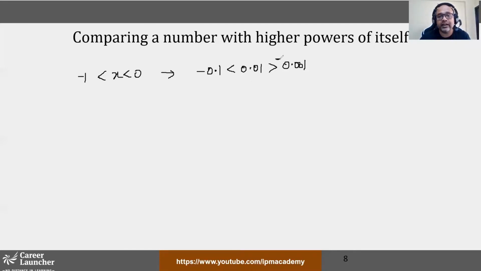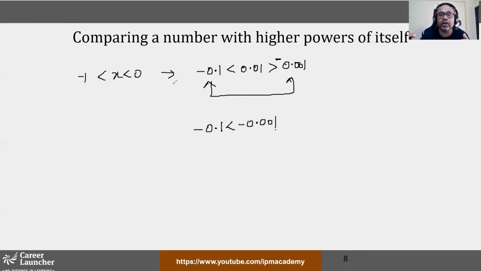And when you take an odd power, the negative sign stays, and the magnitude falls. So if you compare these two, you get minus 0.1 less than minus 0.001. You'll start noticing that when it's negative, it's not a straightforward thing. It depends on what power you're raising. Even powers will always be positive and greater than the odd powers, which are negative. And among odd powers, the higher the odd power, the smaller the magnitude becomes.